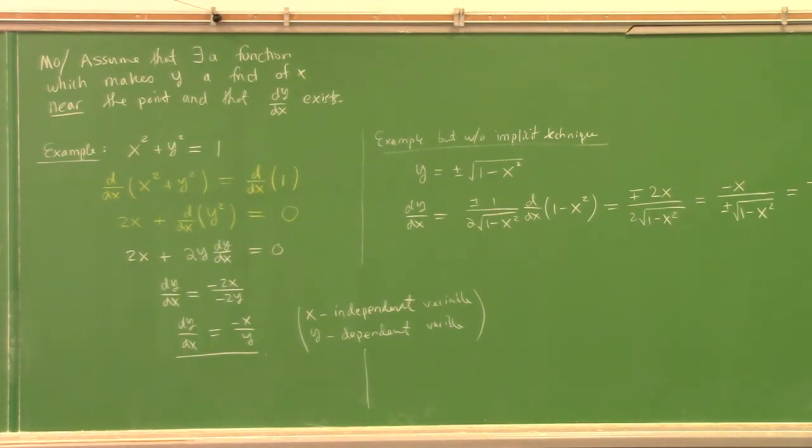So we differentiate this. And what am I going to have to do? Differentiate with respect to x. So I've got d/dx of x y cubed, right? Plus d/dx of e to the x times y squared.